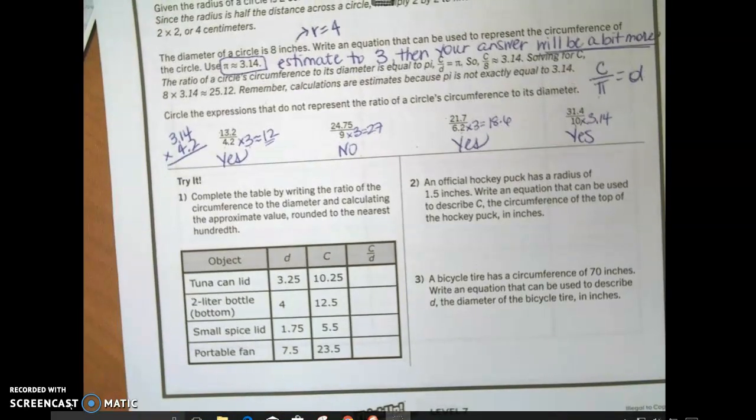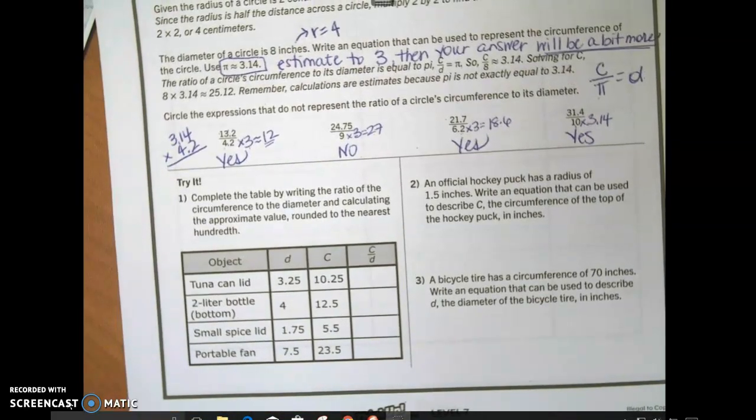Let's look at the box to try it. Complete the table by writing the ratio of the circumference to the diameter and calculating the approximate value rounded to the nearest hundredth. A tuna can lid. The diameter is 3 1/4. The circumference is 10 1/4.